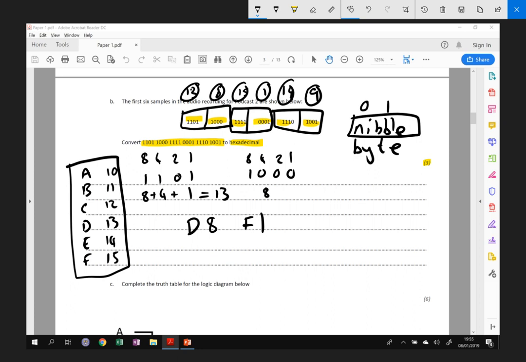So 8 plus 4 plus 2, 8 plus 4 is 12, plus 2 is 14, 14 is E, and then 9 here. Okay, so we've gone from 4-bit binary numbers into 4-bit hex digits, and one 4-bit nibble is one letter, one character in hex. 3 marks available. You get 1 for D8, 1 for F1, and 1 for E9.